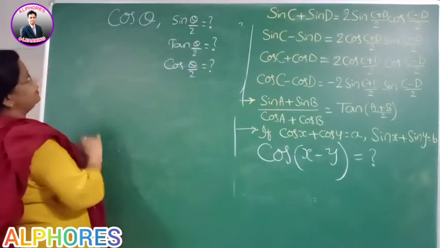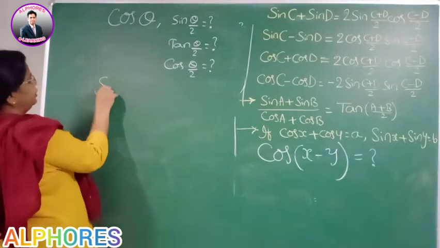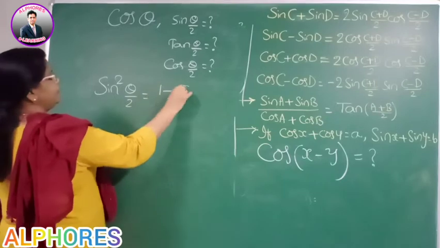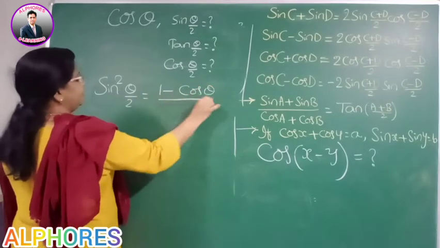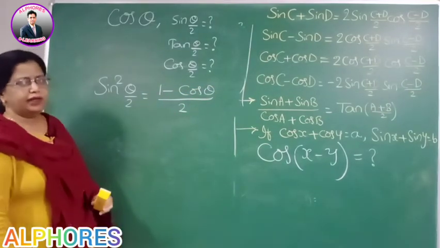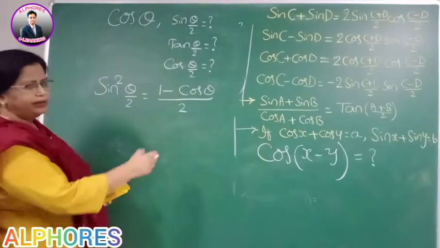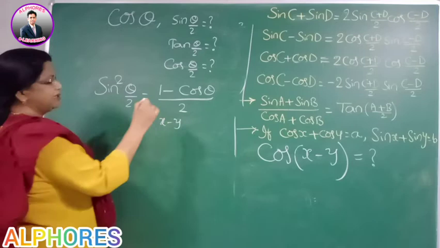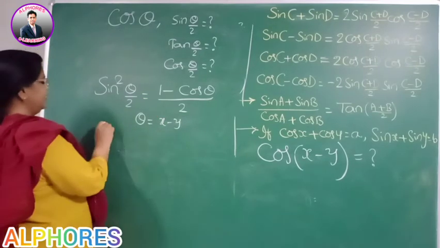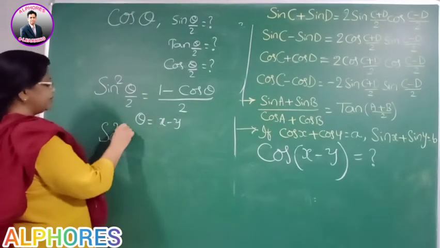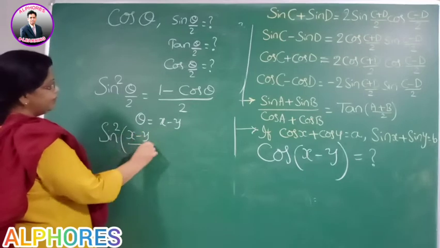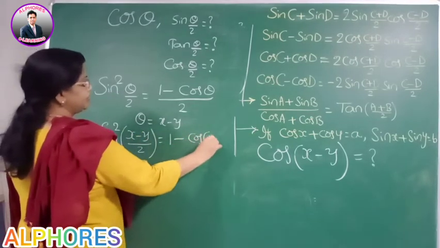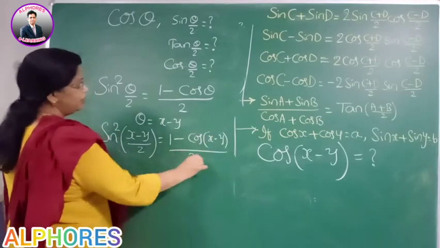So what is the formula for sin theta by 2? You have sin square theta by 2 is 1 minus cos theta, whole divided by 2, right? And now let's make use of this value. What is our theta here? It is x minus y. Okay, then I'll put sin square of x minus y by 2 equal to 1 minus cos of x minus y, whole divided by 2.